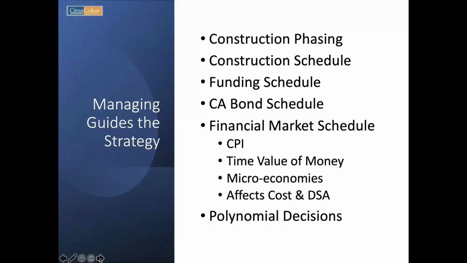We have to think about microeconomies. So in our area of Los Angeles County, we're actually in a good spot. We're not in one of the high concentrated areas, for instance, like the city of San Francisco or up in the Bay Area.